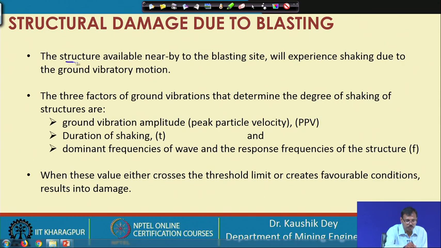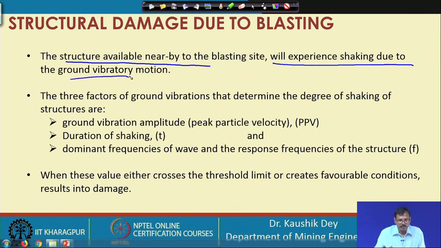The structures available nearby to the blasting site will also experience the ground vibration because of blasting, and there are three factors which are very important for the damage occurring to the structure because of the ground vibration. The first one is the amplitude. Amplitude means, as we are measuring the velocity and directly relating the velocity with the damage, this is the velocity, and it is peak particle velocity.